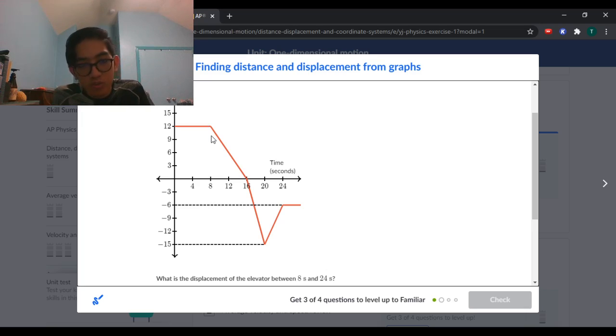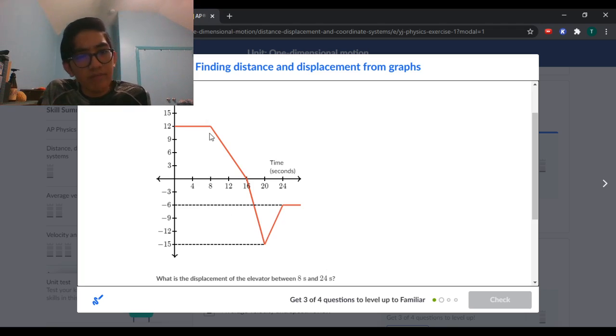It doesn't matter, there's no such thing as -12 meters. It's only meters, right? And from 16 to 20, we've traveled 15 meters. Again, no such thing as -15 meters. And then from 20 to 24, we travel 6, right?